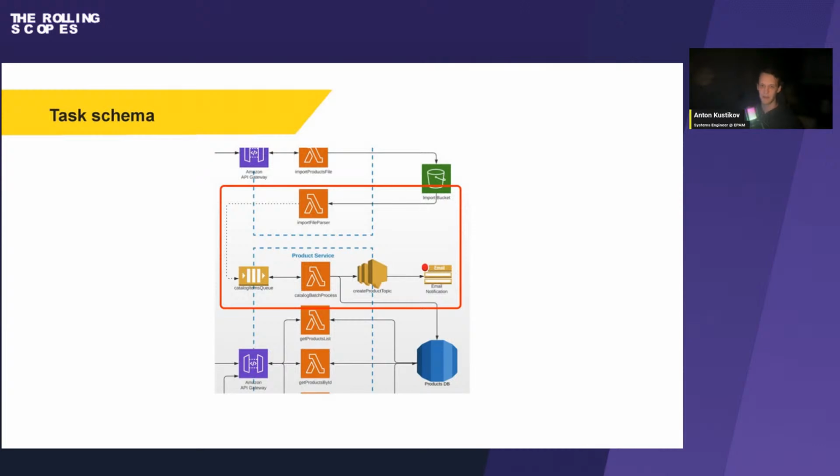So we will come back from the import service to the product service folder, and we will create another Lambda function, which will be triggered by the SQS queue event. So whenever any new message appears in the SQS queue, the Lambda function should be triggered just to process these messages one by one, once again.